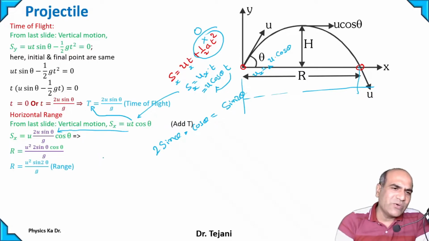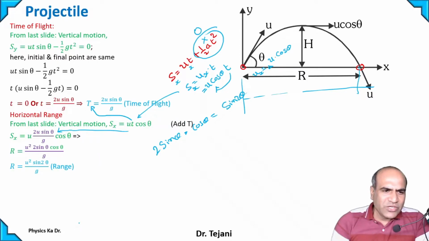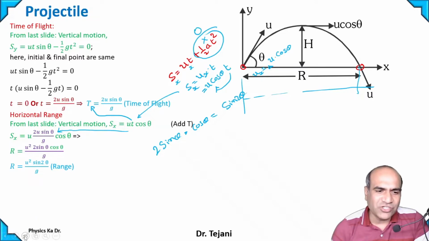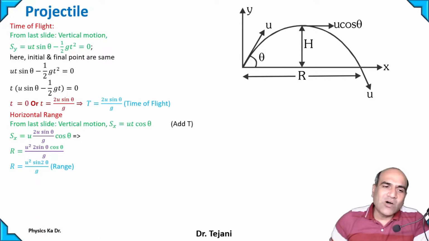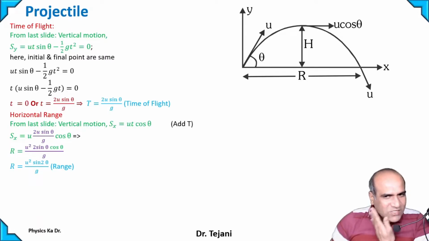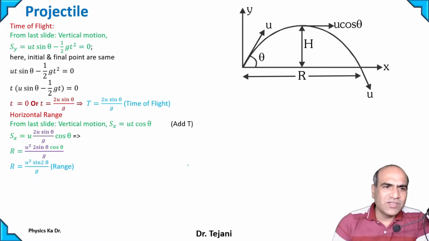So R is equal to u square sin 2 theta by g. This is the range when the object is projected on the same level of the ground.